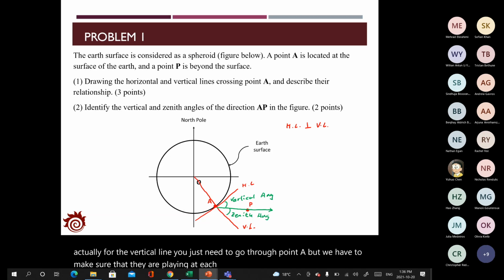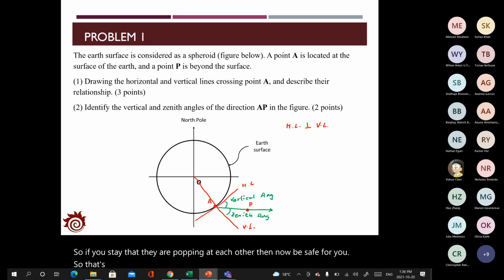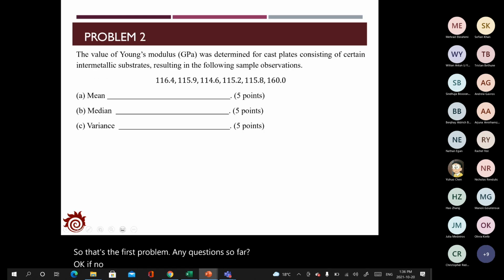And if we do the extension of the line, you should cross the point O. So if we say that they are perpendicular to each other, then that'll be safe for you. Okay, so that's the first problem. Any questions so far? Okay. If not, we will go to the next question.